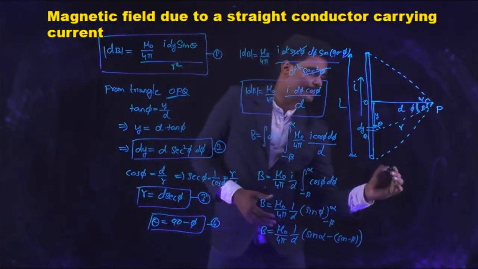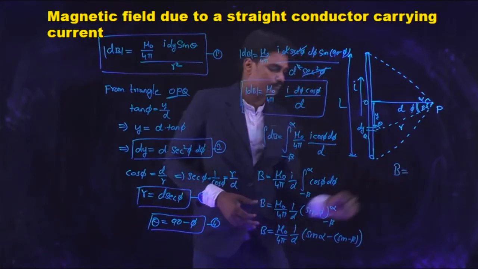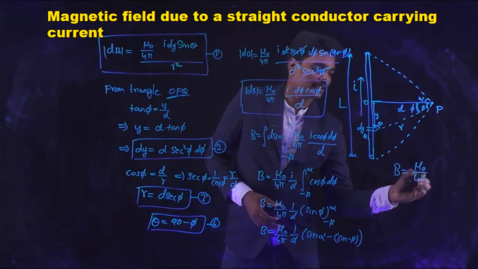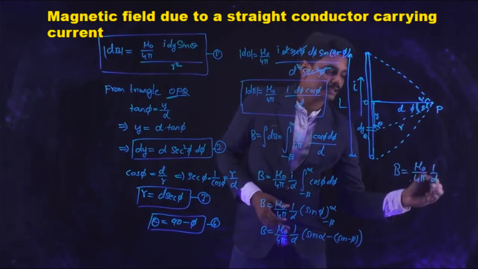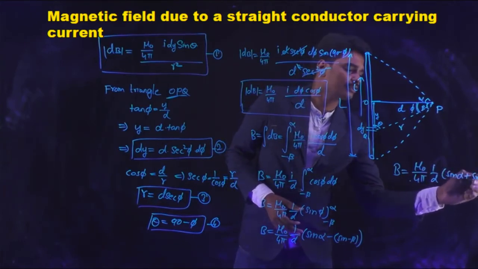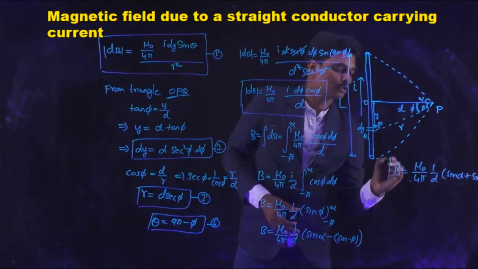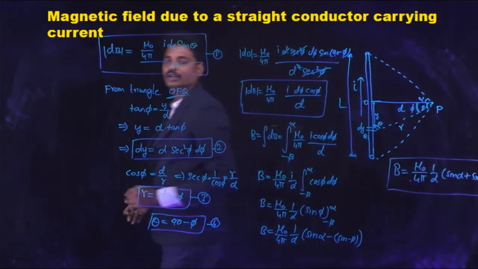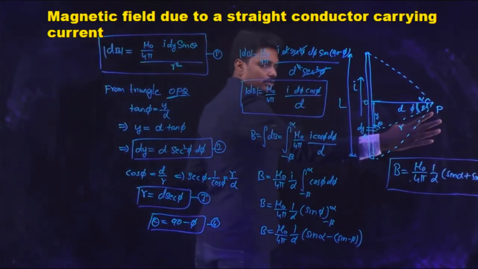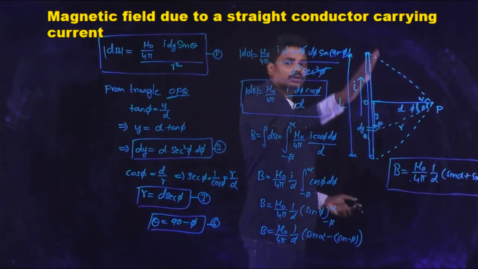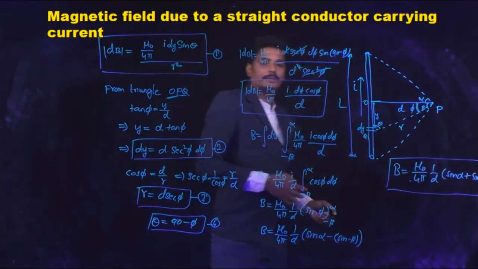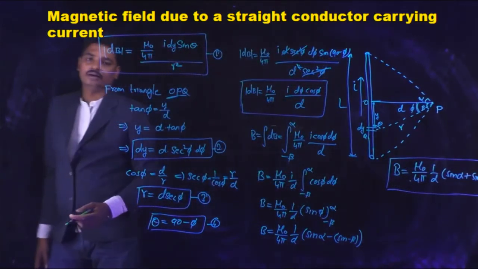Therefore, the equation can be written as B is equal to mu naught by 4 pi I by d into sin alpha plus sin beta. Therefore, the strength of the magnetic field due to a straight conductor carrying a current, at a point P making angles alpha and beta with both ends of the conductor, is given by B equal to mu naught by 4 pi I by d sin alpha plus sin beta.